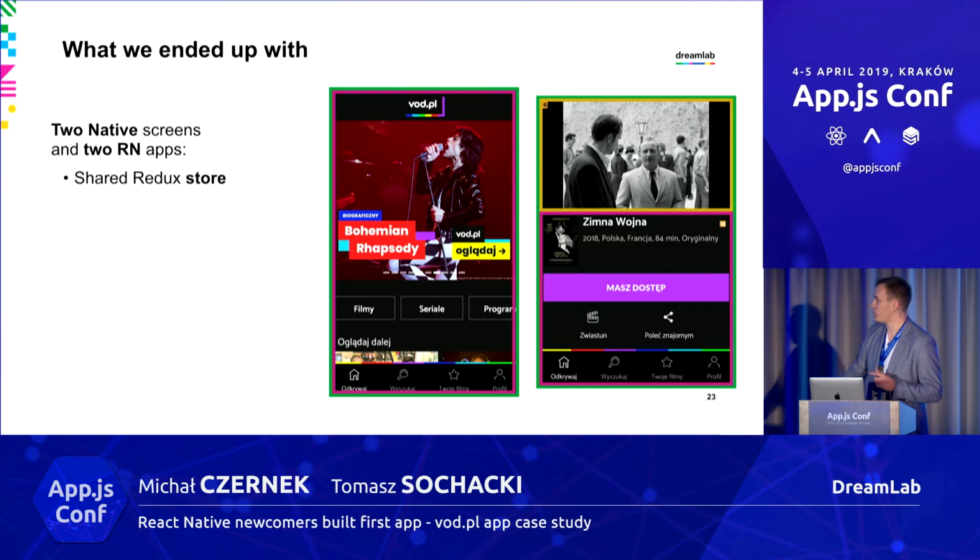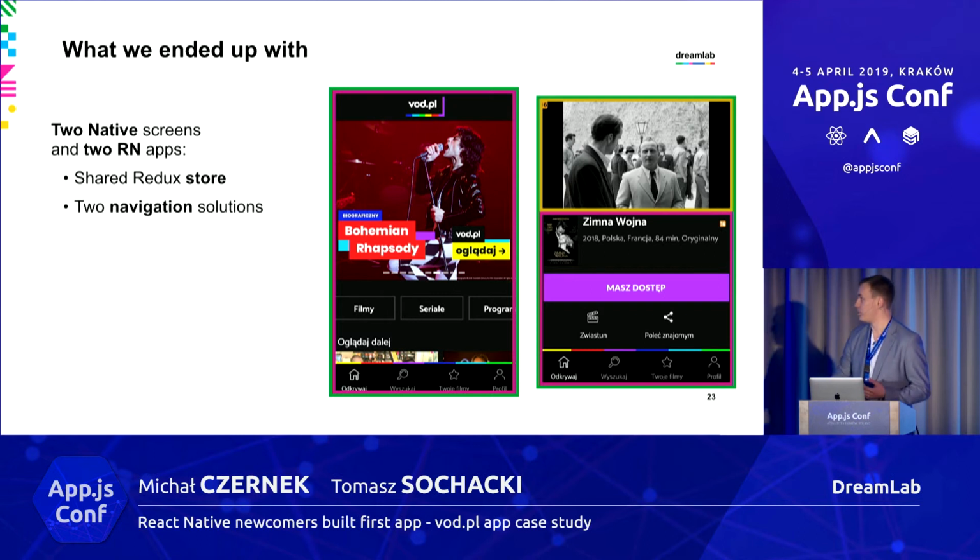Additionally, those two React Native applications had a shared Redux store for some reason, and that was also making it more complicated. Those are two navigation solutions: navigating between native screens is totally different than navigating between screens in React Native, so we needed to handle it somehow. It was doable, but difficult, especially on Android.